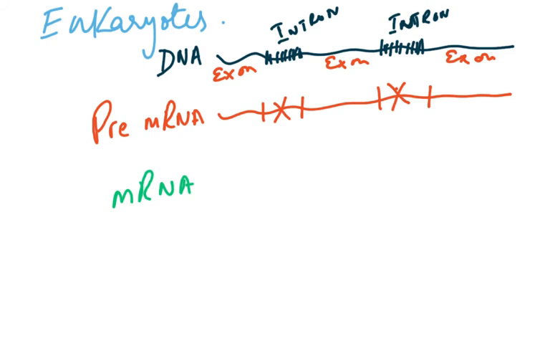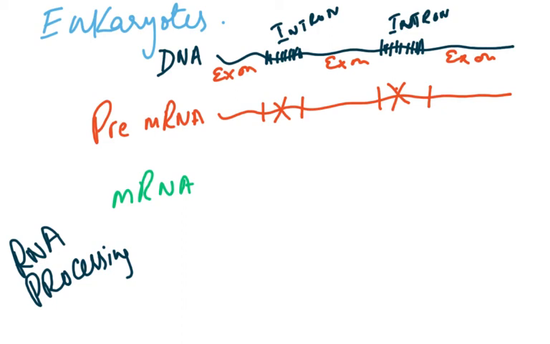Now in eukaryotes there is a process which occurs in eukaryotes only because they have a proper nucleus and they have certain enzymes which we need for this process, and this process is called RNA processing. Now in RNA processing what happens is the DNA contains non-coding regions.